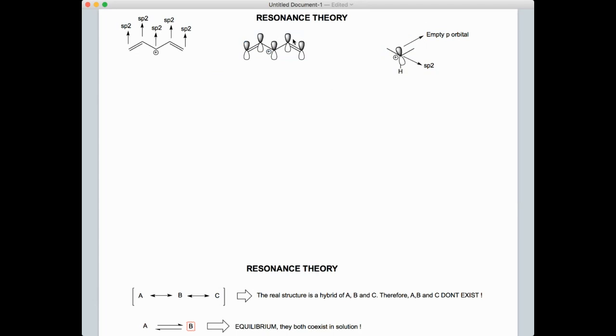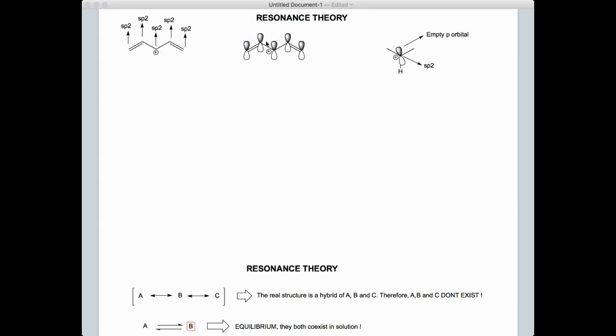I can see 5 p orbitals. I see a double bond in this Lewis structure showing interaction between these two p orbitals, so that's okay. I see a double bond in the Lewis structure showing interaction between these two, but here I see sigma bonds, single bonds, and here as well.